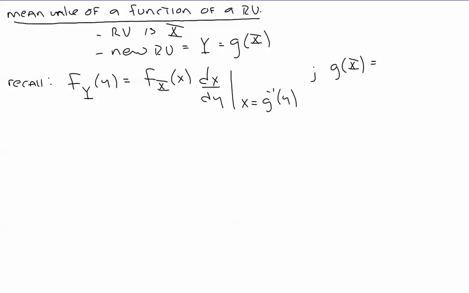We'll assume that g of x is always monotonically increasing, or always non-decreasing. This is another way of saying that it's monotonically increasing.